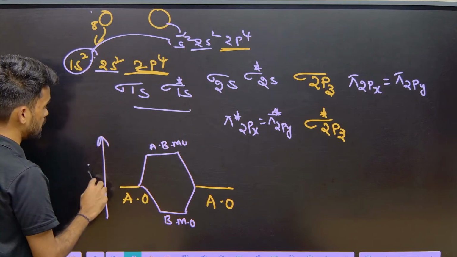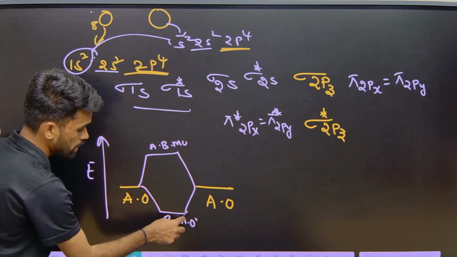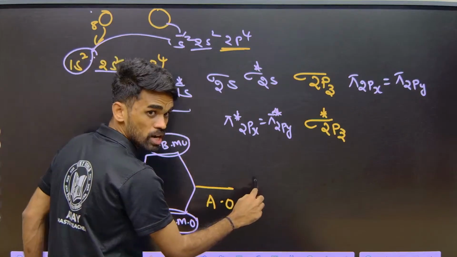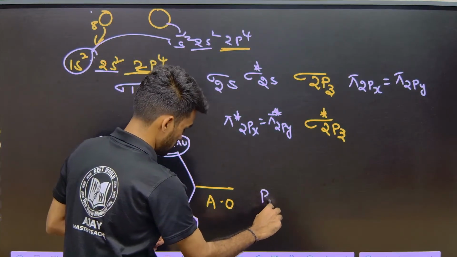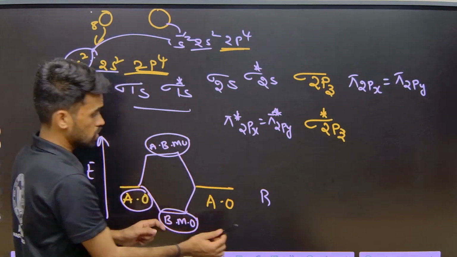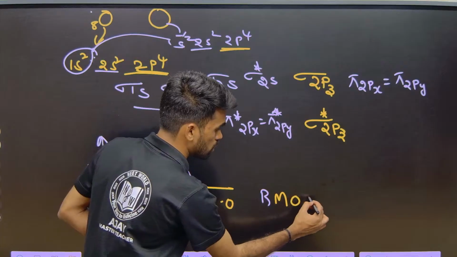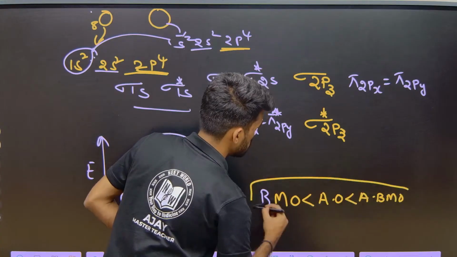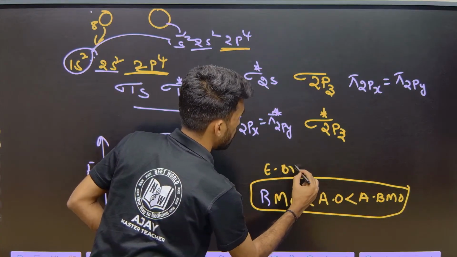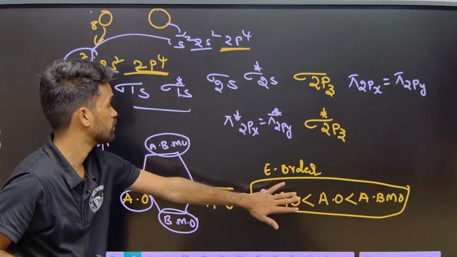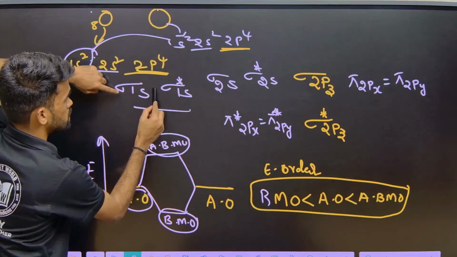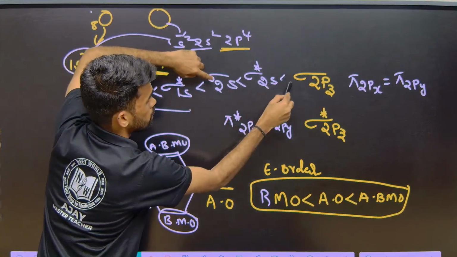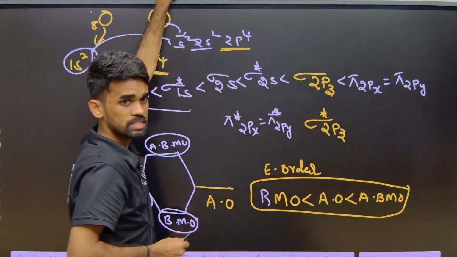If this is the energy coordinate, I write bonding in the lower position, with the atomic orbitals between. So the lowest is the bonding molecular orbital, then the atomic orbital, then the anti-bonding.